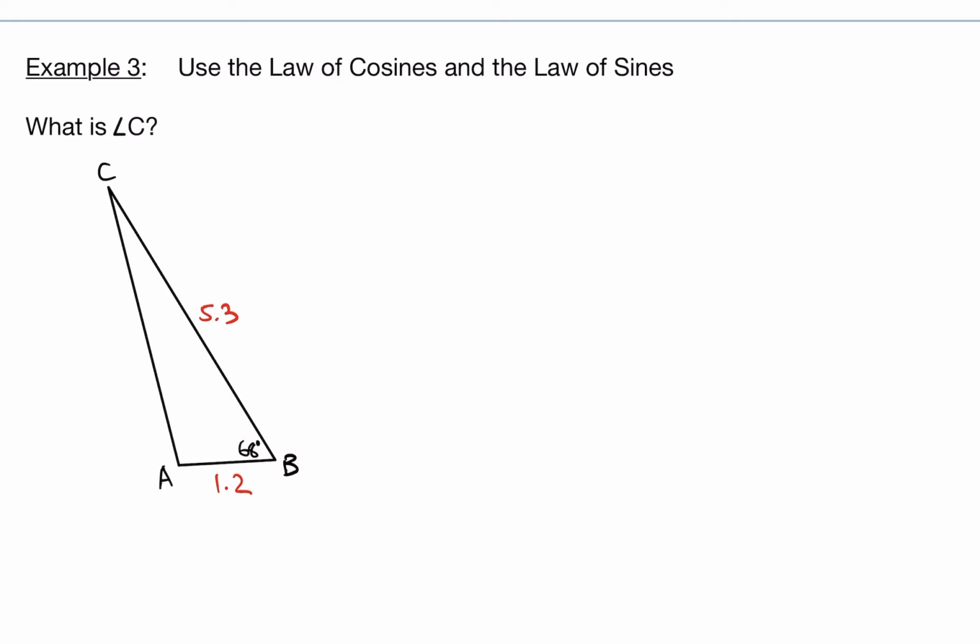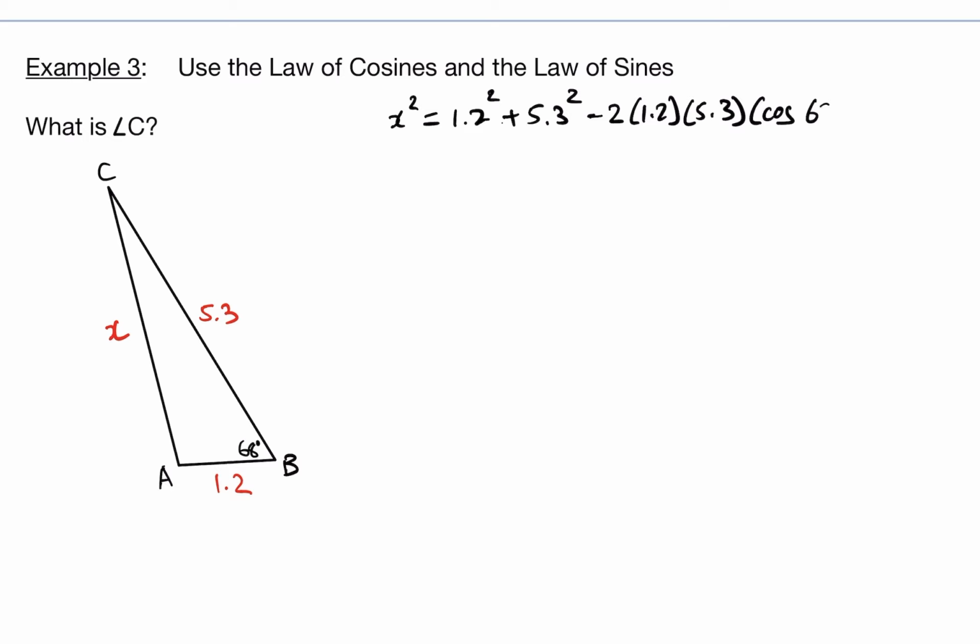And we're going to call this side x. Okay, we'll call that x. So using the law of cosine, we'll see that x squared is going to equal the sum of the sides squared, minus the product of 2 times 1.2 times 5.3, and we're going to take the cosine of that angle.